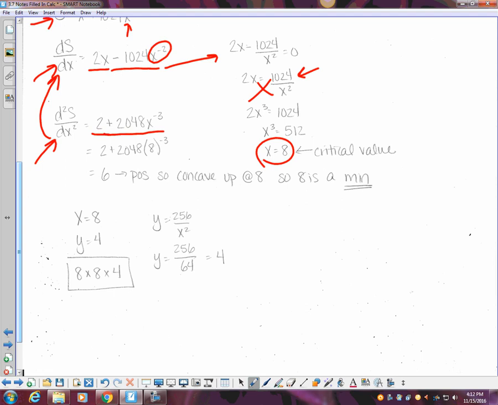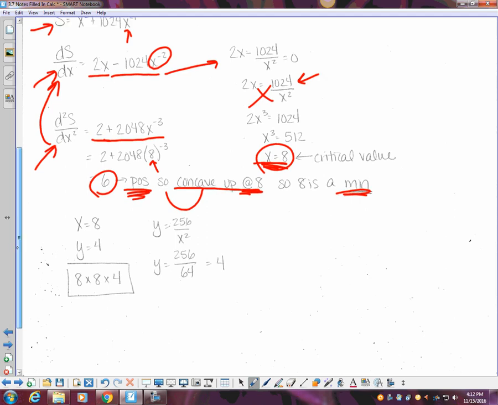So now I need to see, is that derivative positive or negative at 8? That's going to tell me if I'm concave up or concave down. So I plug an 8 into my x and clean it up. I got a 6. I don't really care that it's a 6. I care that it's positive. So I know I'm concave up. So I know that at 8, it's a minimum. Concave up at 8, so 8 is a minimum.